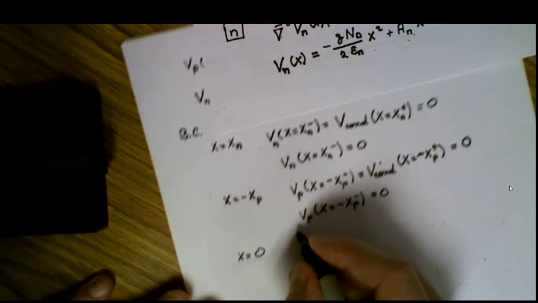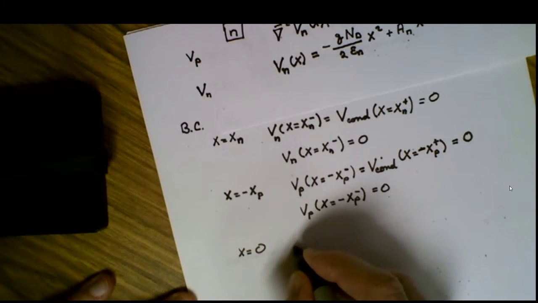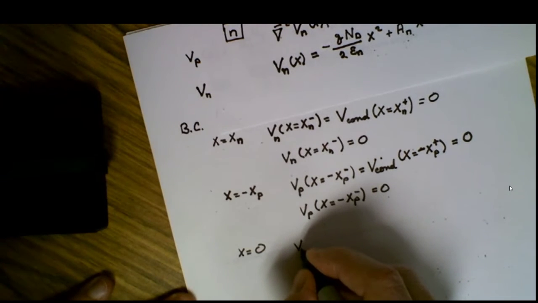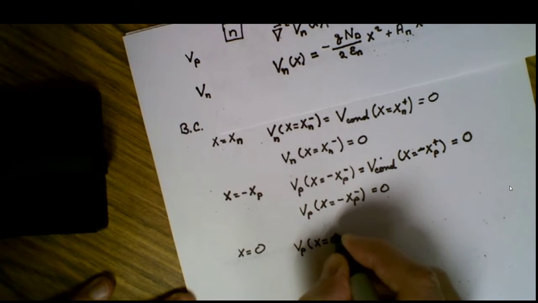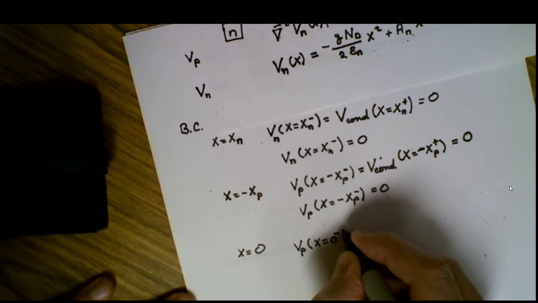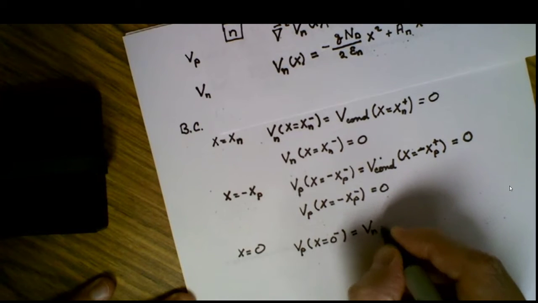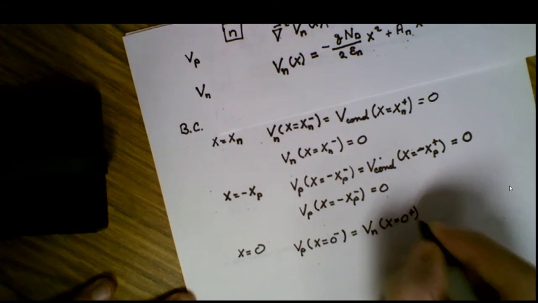One dealing with the continuity of our potential. Therefore, the potential in the p region at x is equal to 0 minus must be equal to the potential in the n region at x is equal to 0 plus.